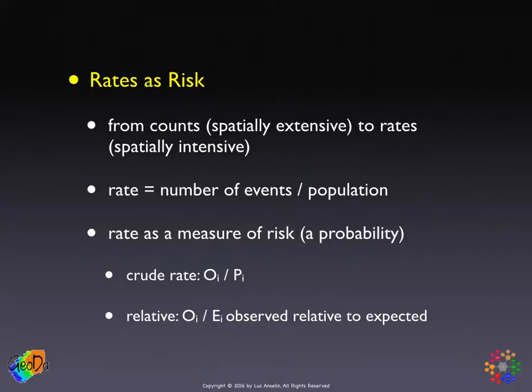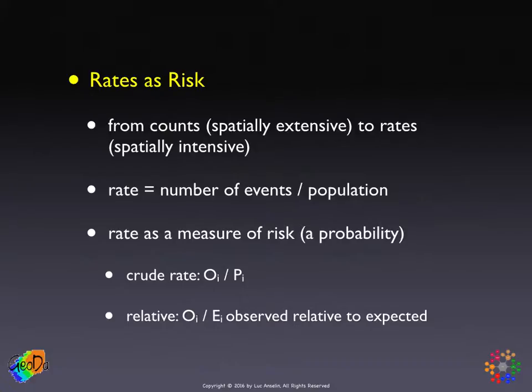So you take 10 over 100,000 and multiply it by the population of the county. That's what you would expect if the equal risk assumption, meaning every county has the same risk, holds. And then you compare that expected value to the actually observed value.